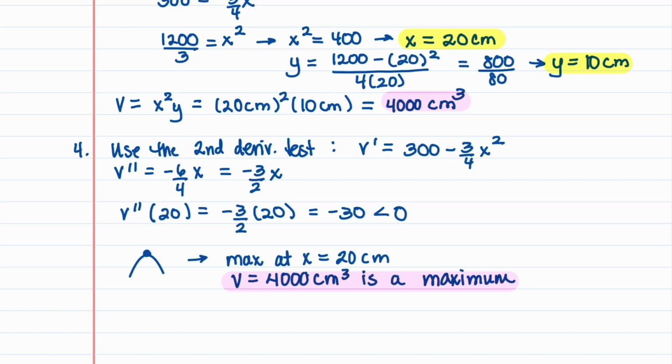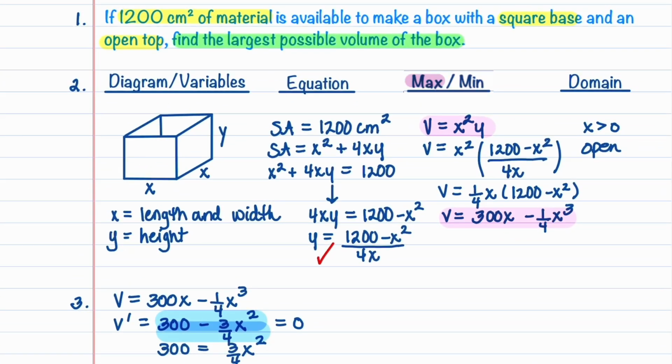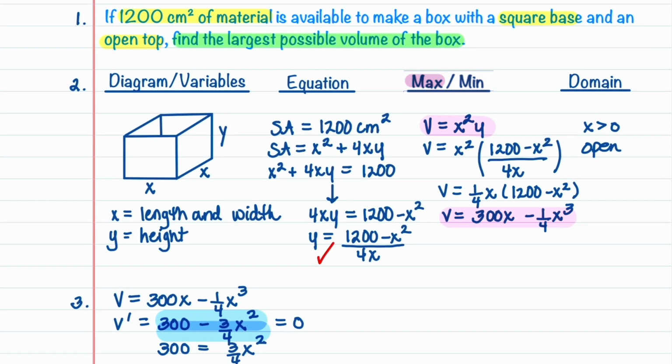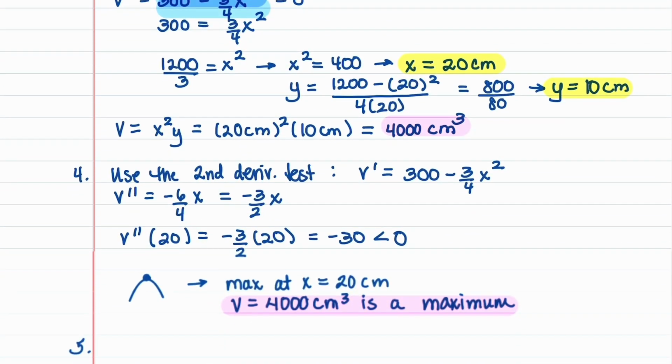Now we just have one more step. That step is to reread the problem and then clearly state our final answer in a complete sentence. Let's go back up and look at our problem. Our problem says to find the largest possible volume. So that's what we need to state.